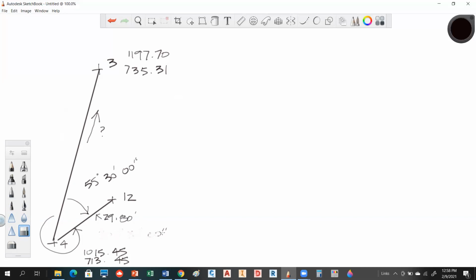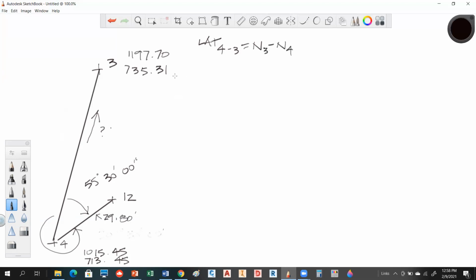Yeah, it does. Okay, so, well, let's just do it real quick. Let's finish it. So we started it. So what do we need to do now? Find the latitude and departure. Yep. Of what? 4 to 3. Yep, 4 to 3, which would be the northing of what? 3 minus 4.